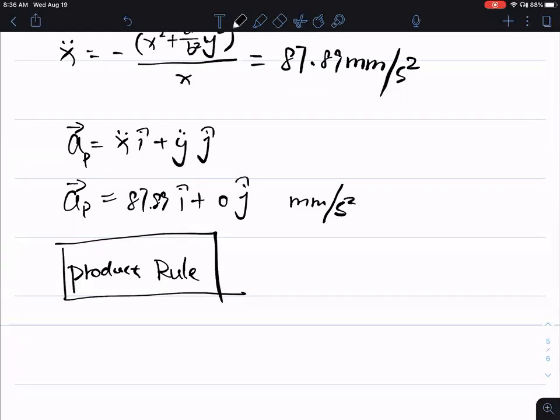True, raise your hand. Okay. Yes, the answer is true. You can have these two vectors perpendicular to each other. Can you have these two vectors parallel to each other, pointing in the same direction or opposite direction?